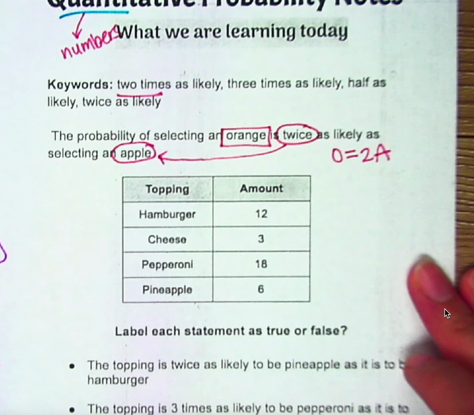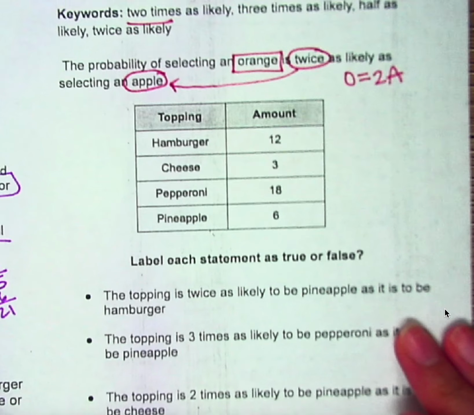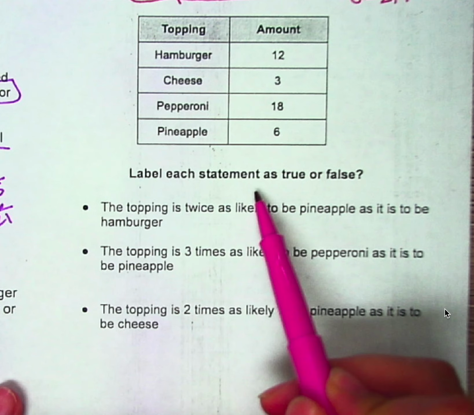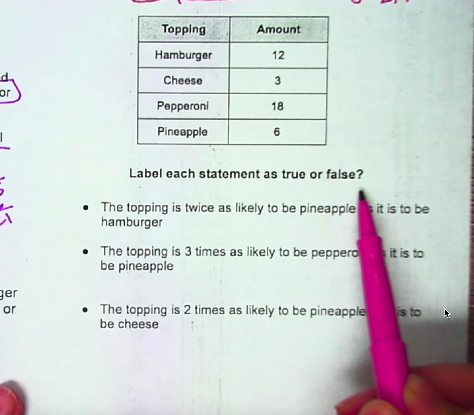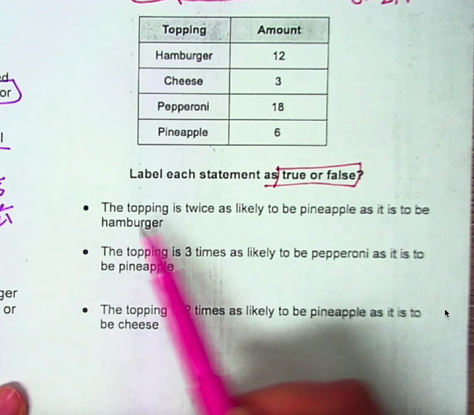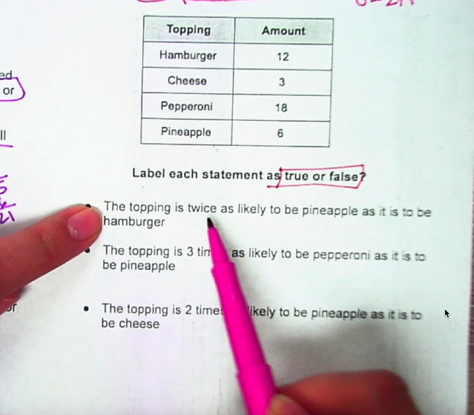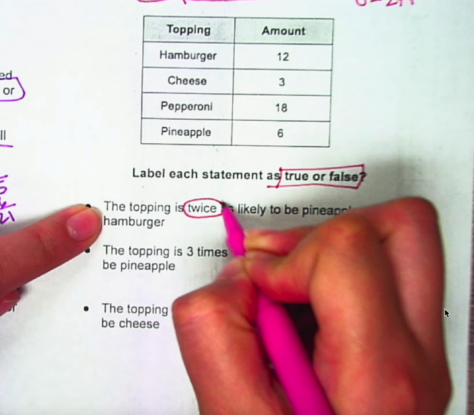Okay, so now let's go ahead and do a problem. Let's see what I'm talking about. It says label each statement as true or false. The first statement, okay, the topping is twice, there's my keyword, I'm circling it, as likely to be pineapple. It's my label. How do I know it's a label?